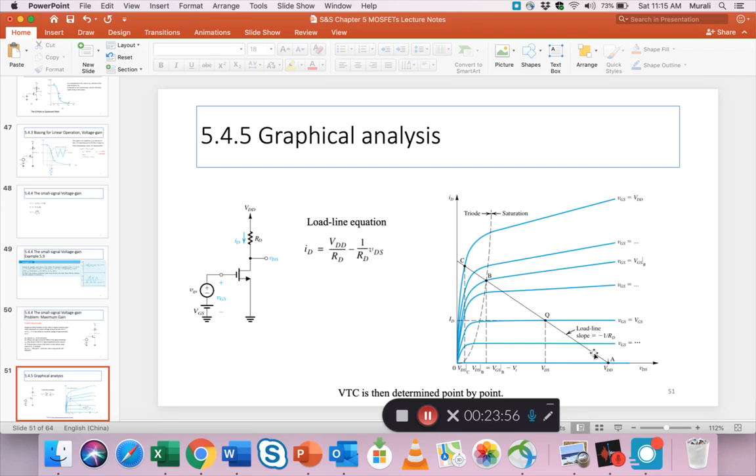So each point here gives you a specific value of VDS and VGS. So let's say this point, where the Q is. There's a VDS and there's a VGS. If you draw another straight line here, you have a certain VGS and a certain VDS. Similarly here. So you can take all these together and then you can plot it and you'll come up with the VTC.